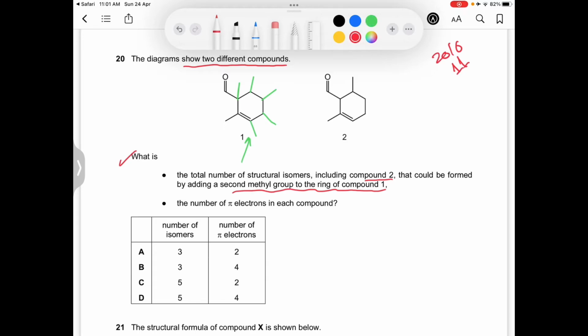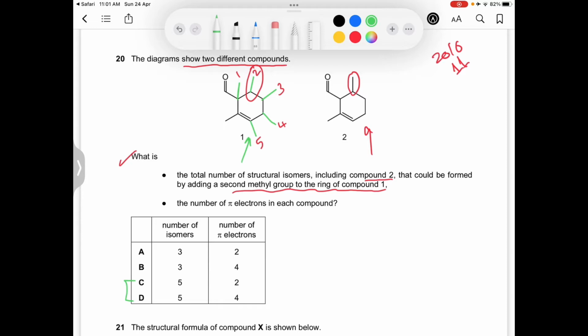If you start counting the number of possible isomers, you have one when the methyl group is in position 1, or when it's in the second carbon, or third, fourth, or fifth carbon. And you just notice that compound 2, which has a methyl group on the second carbon, is included in here. So the total number of isomers that you could have is 5. So we could have two possible answers, C or D.